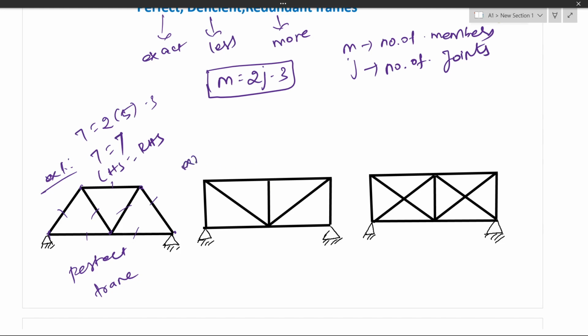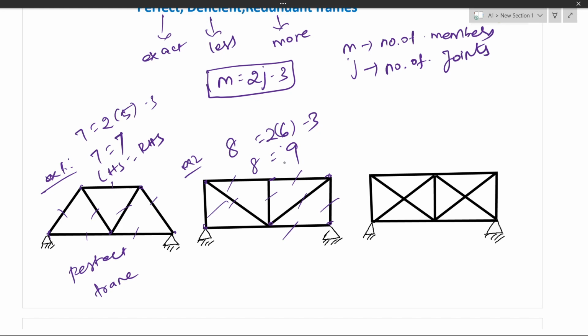Then take this example 2. Number of joints 1, 2, 3, 4, 5, 6 and members 1, 2, 3, 4, 5, 6, 7, 8. Okay, 8 members are there, and you put this here: 8, and 12 minus 3 is equal to 9.